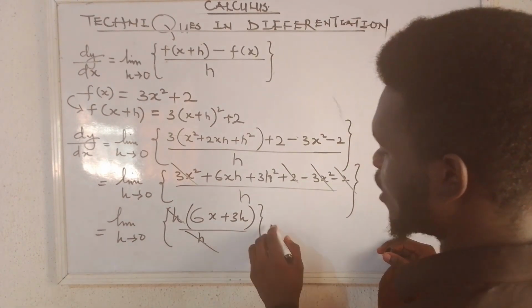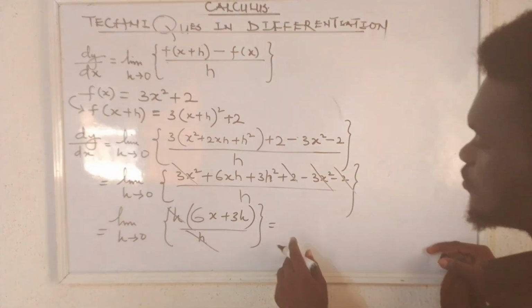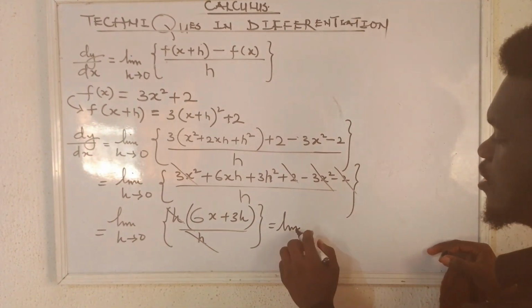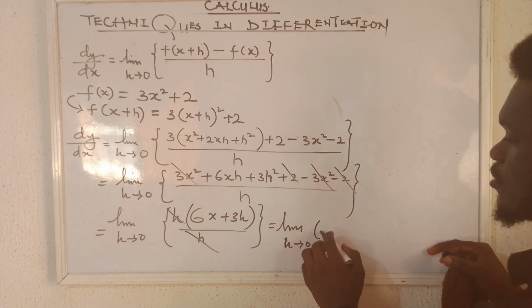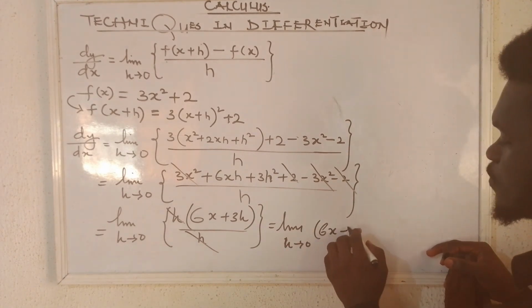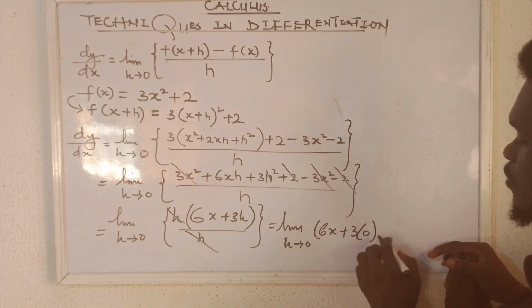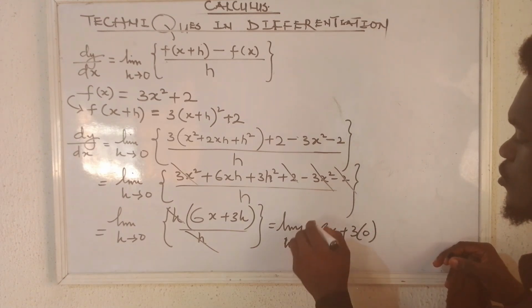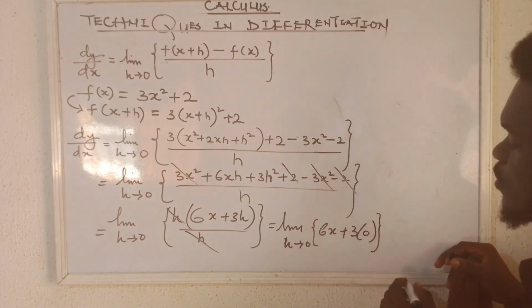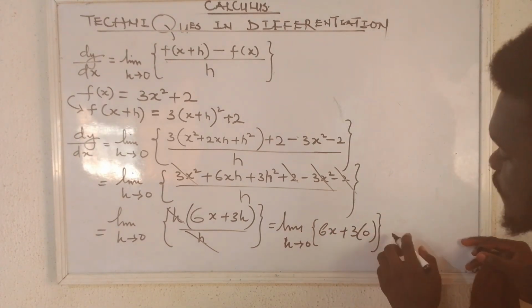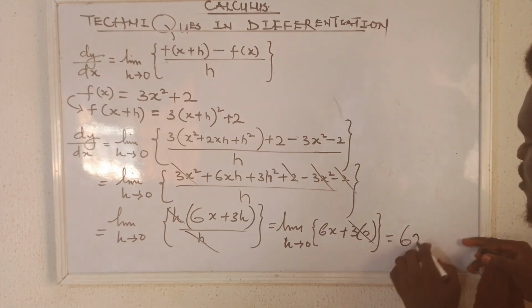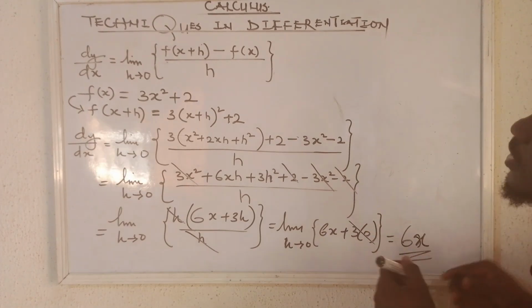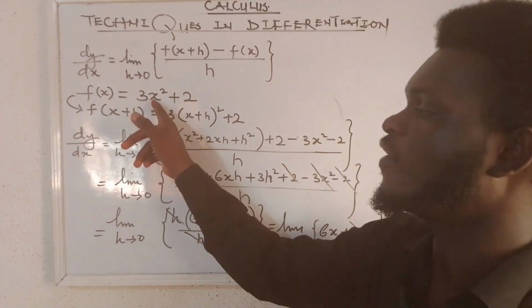Then when you substitute, you have 6x plus 3 times 0. You must know how to put parentheses because they are very important in mathematics. This becomes 0, and we have just 6x, which is the derivative of this function.